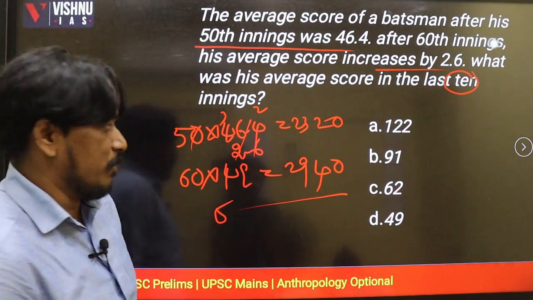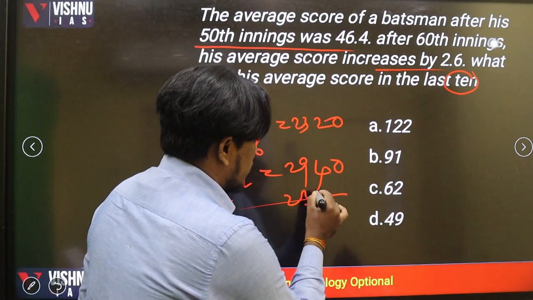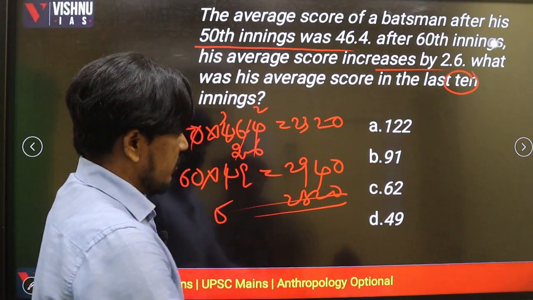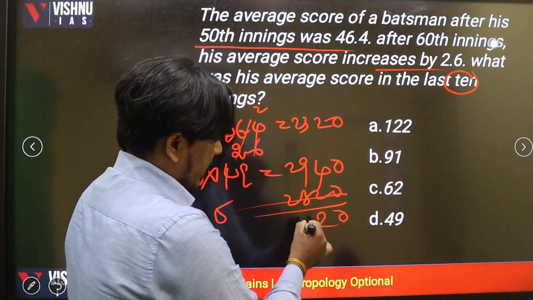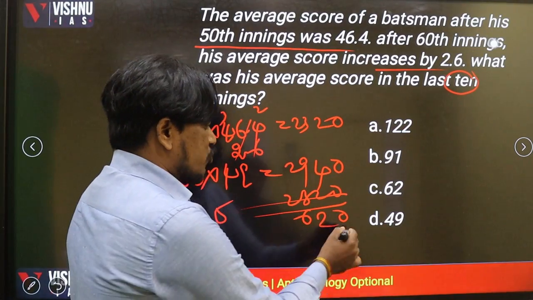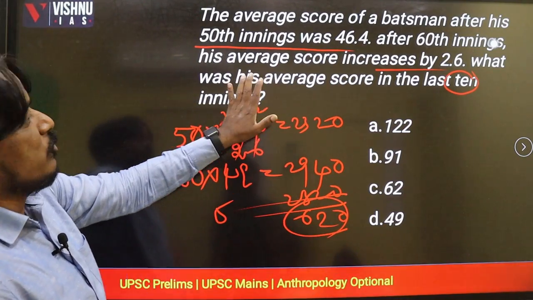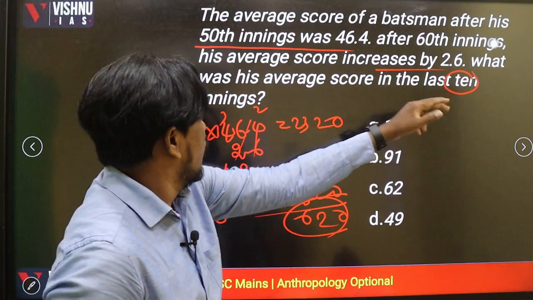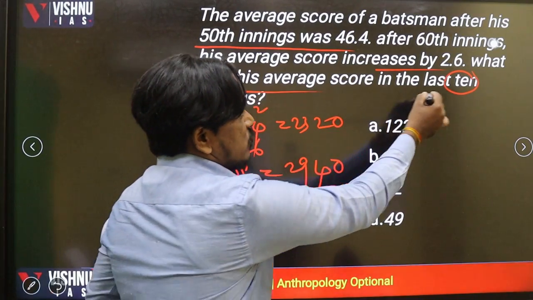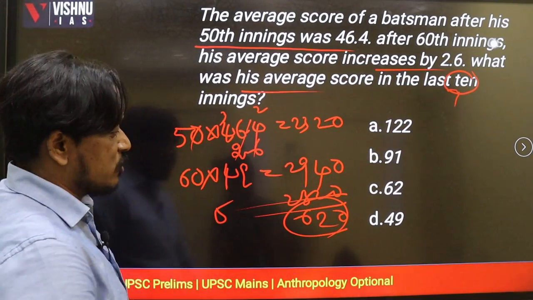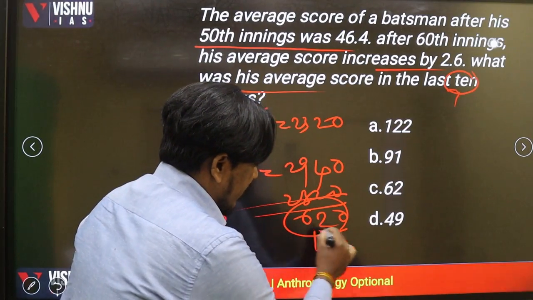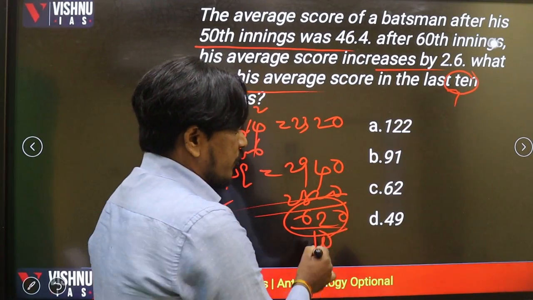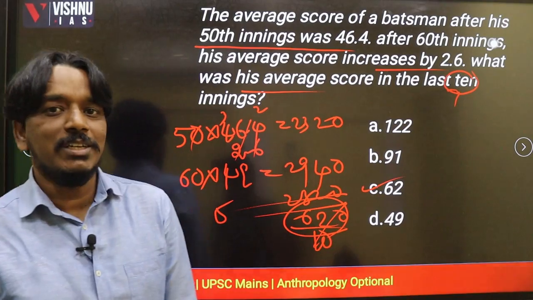If you subtract these two numbers, clear? 2940 minus 2320, you will get 620. But we have to find out specifically his average score in the last 10 innings. So whatever we are getting, divided by 10, we get 62, so directly you can go with option C.